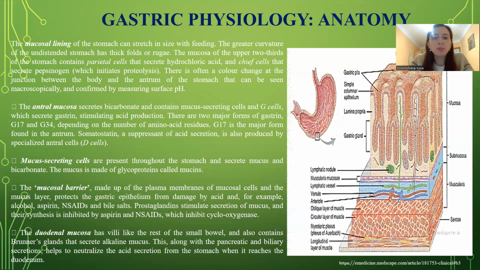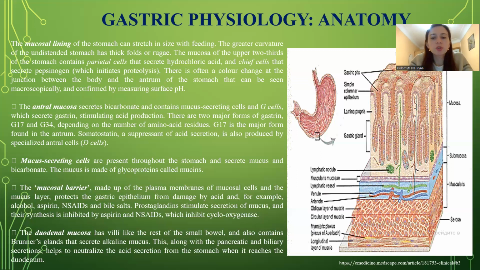Mucus-secreting cells are present throughout the stomach and secrete mucus and bicarbonate. The mucus is made of glycoproteins called mucins. The mucosal barrier, made up of the plasma membranes of mucosal cells and the mucous layer, protects the gastric epithelium from damage by acid and, for example, alcohol, aspirin, non-steroidal anti-inflammatory drugs, and bile salts.